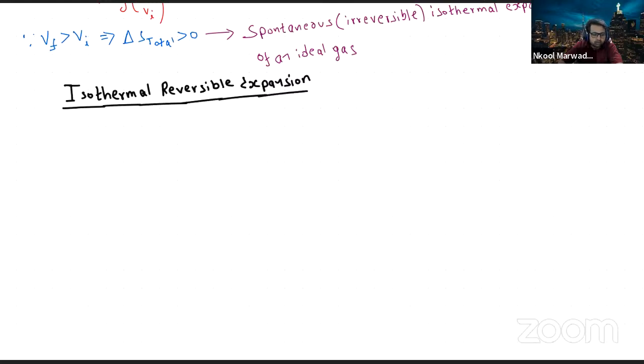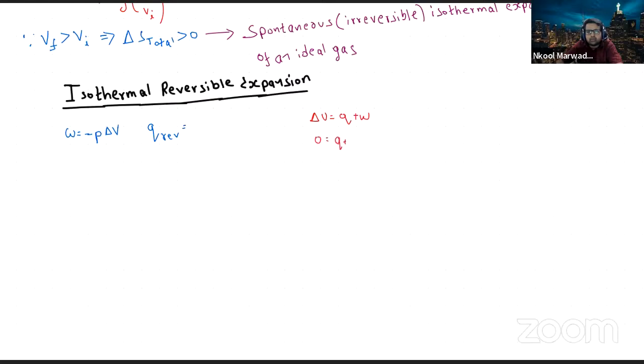So since it is isothermal, delta U will be 0 and the work done by the system will be negative, P into delta V. And the heat energy will be, according to the first law of thermodynamics, since delta U is 0, delta U equals Q plus W, so 0 is equal to Q plus W because it's isothermal.